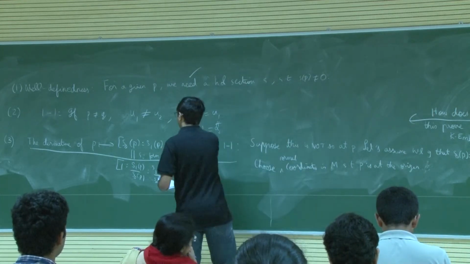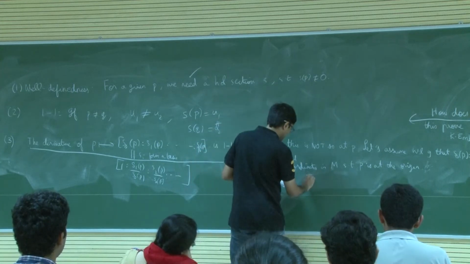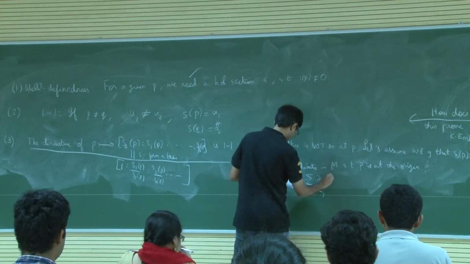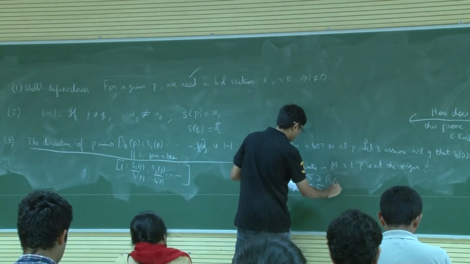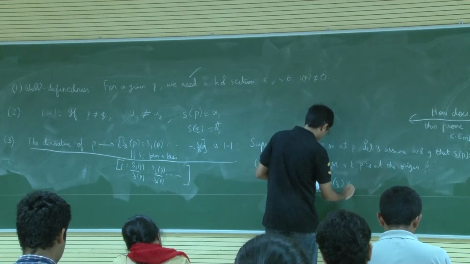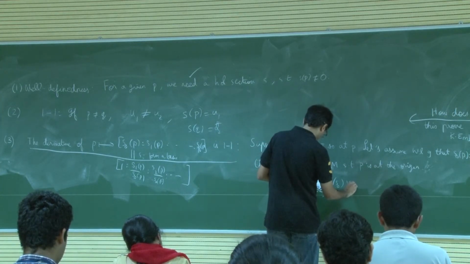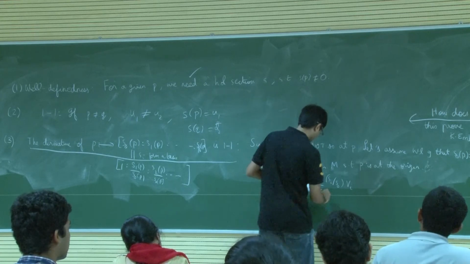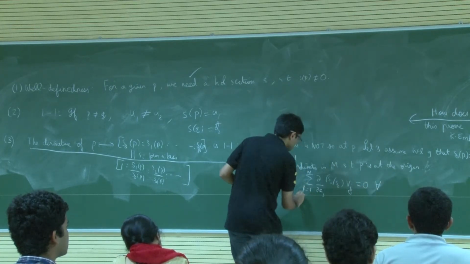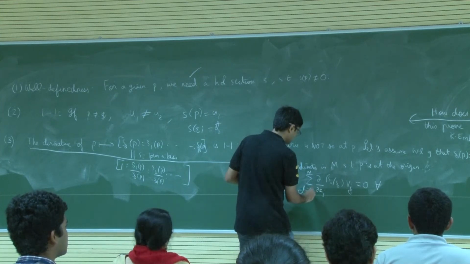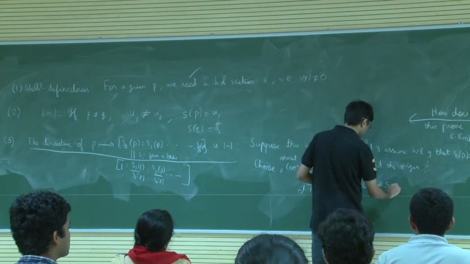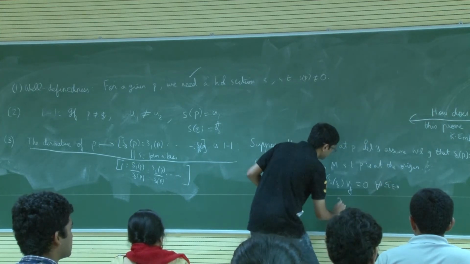Now, what does it mean for the derivative to be injective? It means this quantity, where i goes from 1 to n, times vj, with j going from 1 to n, is 0 for all i.